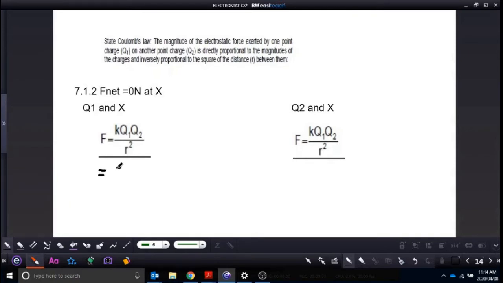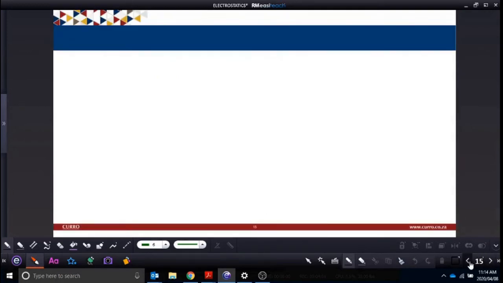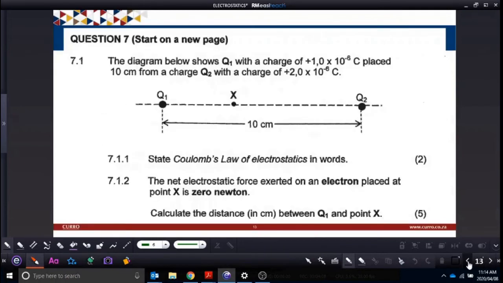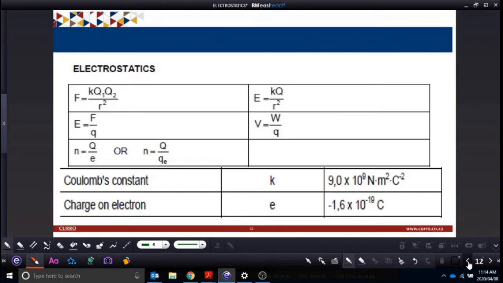It's equal to 9 times 10 to the power 9, or is it minus 9? Let's just make sure. No, it's just 9.